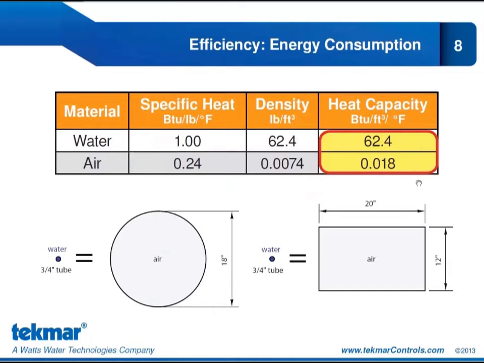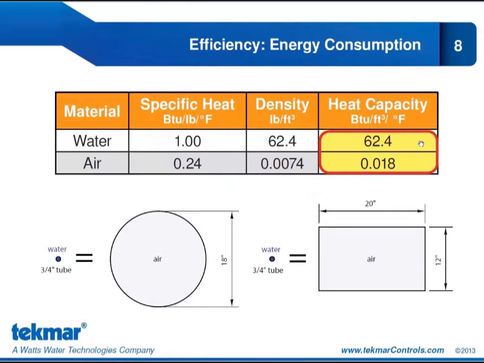For air, our heat capacity is 0.018. Now that is a difference of almost 3,500. What that means is that water can absorb almost 3,500 times as much heat as the exact same volume of air.